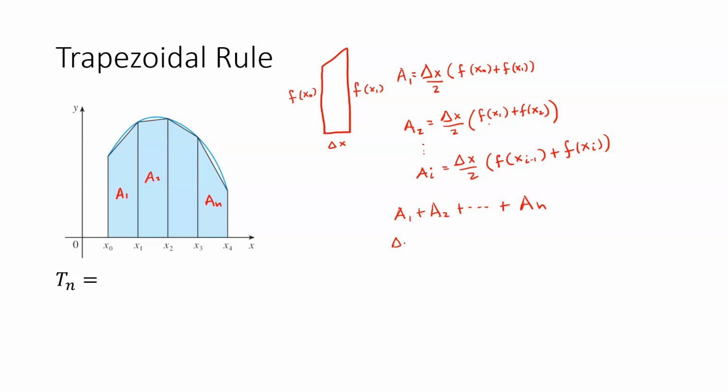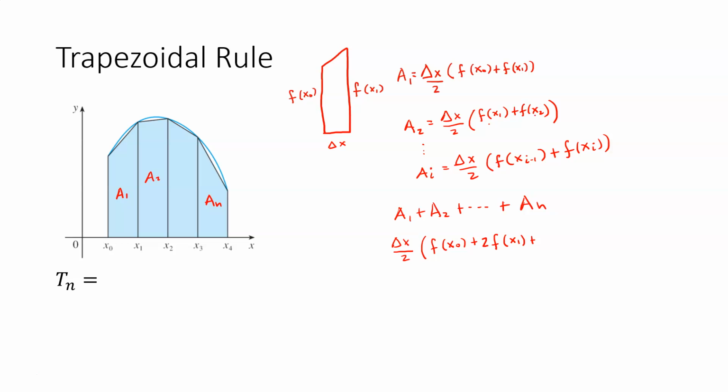So they each have a delta x over 2. Okay. So I start with f of x0 plus, then I'm going to have f of x1, but in the next one, notice that f of x1 occurs again. So there's actually 2 f of x1.